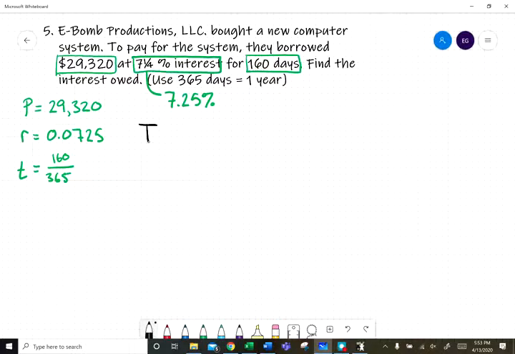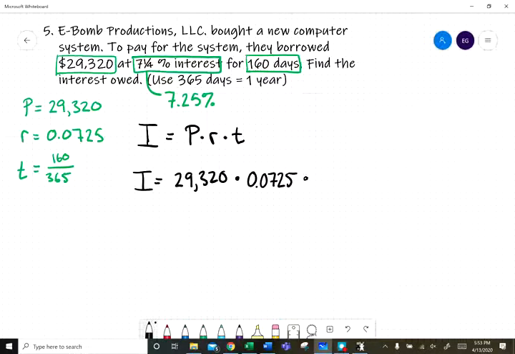Okay, we have our formula for simple interest. Interest equals principal times rate times time. So interest is equal to $29,320, that's the principal, times the interest rate, which is 0.0725, times the amount of time in years, which when we convert the 160 days to years, we get 160 over 365.